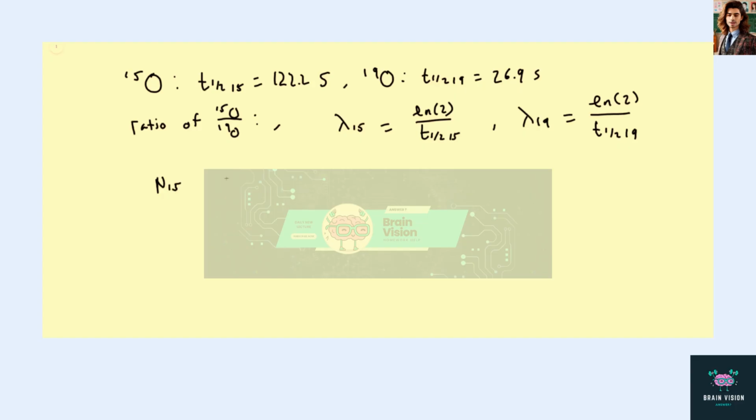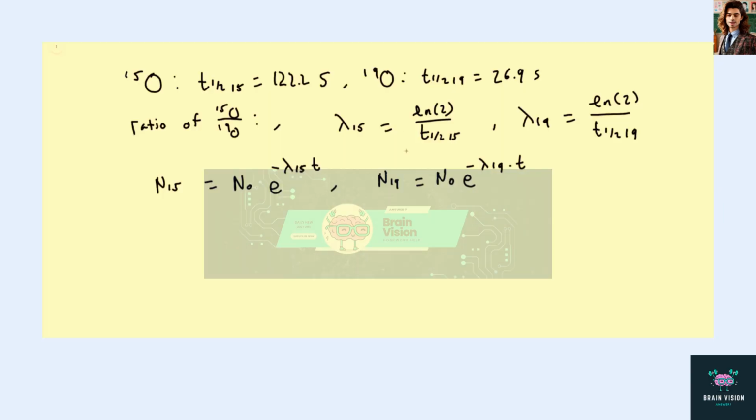So the amount of 15 that we have is equal to the initial total amount of oxygen we have times e to the minus lambda 15, where this is the decay rate of the 15 isotope, times t. Similarly, at some time, we'll have that the number of oxygen-19 isotopes is equal to the initial number of total oxygen in our sample times e to the minus lambda 19 times t.